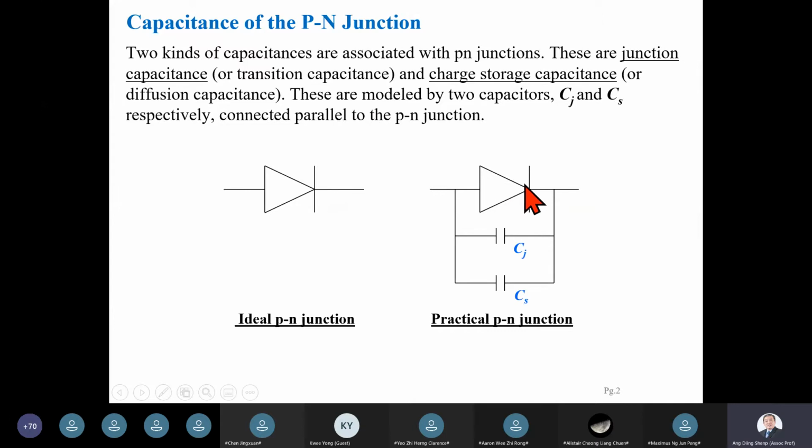So we usually model a real PN junction by connecting the two capacitances across the PN junction like this. Now, in an ideal PN junction, we can neglect the two capacitances. Of course, this assumption is not strictly valid.